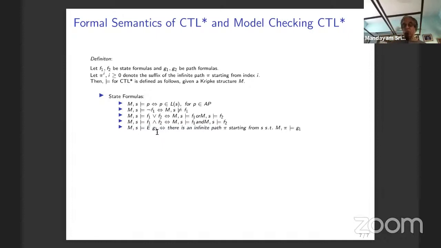Okay, so that's how it is defined. And similarly, A G1 is true if every infinite path starting from s satisfies the subformula G1, as per the satisfaction rules for path formulas.